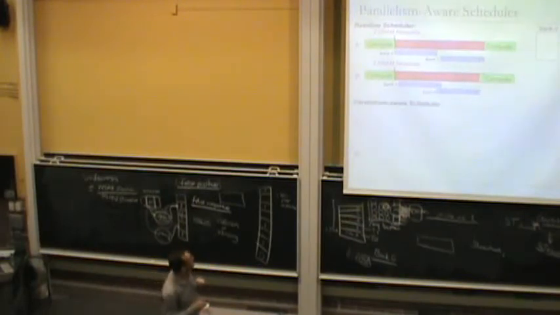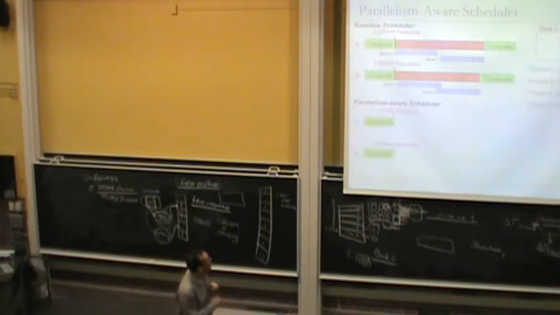Whereas it could have been smarter, it could have been parallelism aware, as we called it, parallelism aware and thread aware. When it received these requests, let's say it picked thread A's request to bank 0, it could have realized that thread A has another request to bank 1, which could be serviced in parallel.